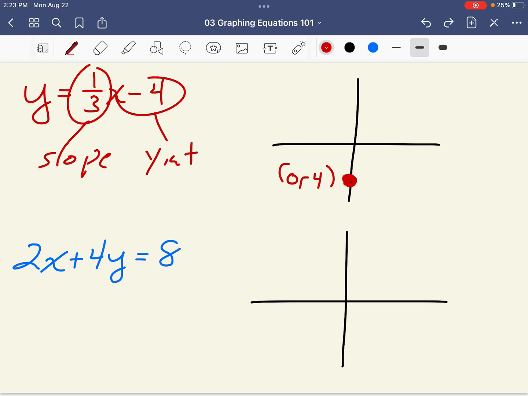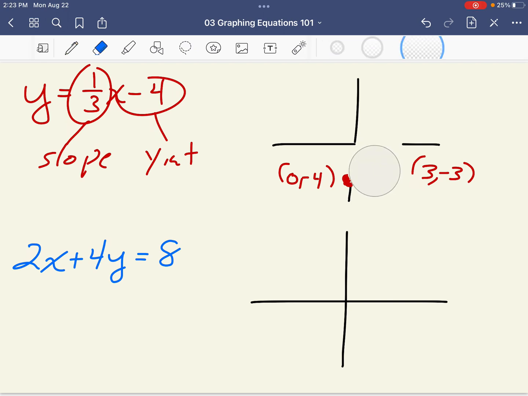And once you plot (0, -4) on the y-axis, then all you have to do is rise over run, 1/3. So I rise 1 and I run 3. So when you rise 1 and run 3, you'll be at a new point. You want to be able to identify that point. Graph paper is easier, but you can still count, and that would put you at (3, -3).